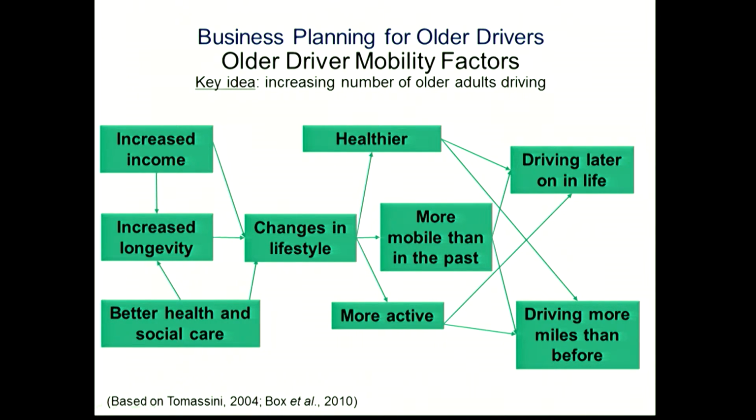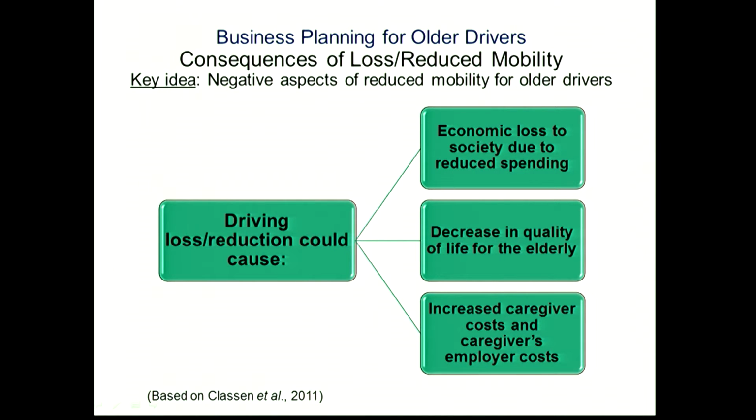He's arranged these arrows that change you from one block to another in a diagram. And the older people are more mobile than in the past. They're driving later on in life and driving more miles than before. And this is just in the idea of, is there a market? Or from an economist's point of view, where's the money going to come from? But he just gives you background on that.